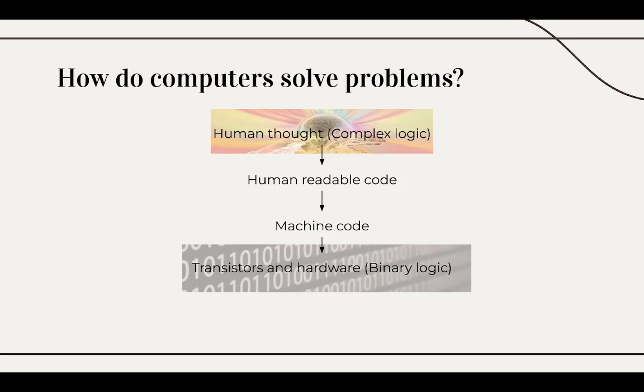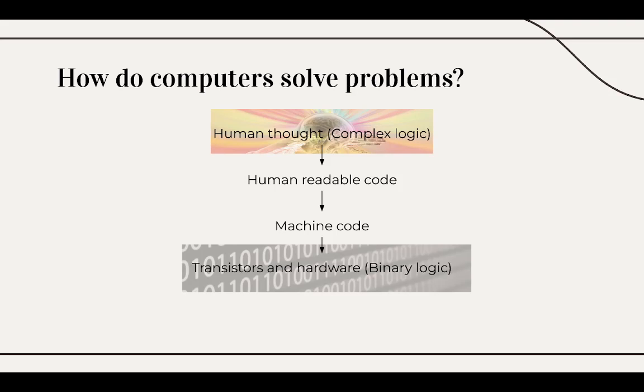Basically, we take our brains or human thoughts and try to write some code that then is translated to machine code that is going to make the computer do what we want it to do with its binary logic. So basically the computer has to follow an algorithm for that. Every single piece of code is basically just a way to write an algorithm, and the computer is going to follow that algorithm. It cannot come up with anything by itself.